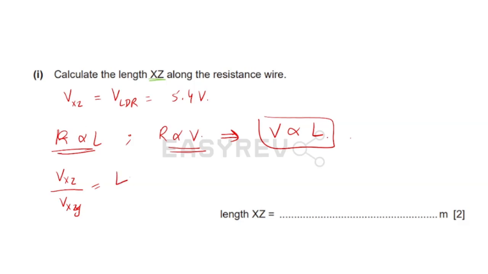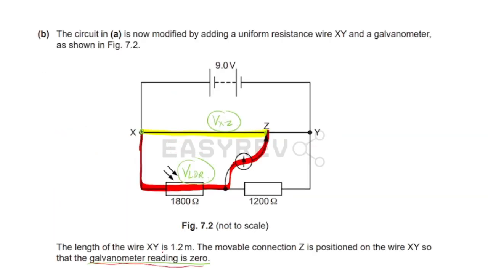That is equal to the length across xz, which is our unknown, divided by the total length xy. Now you might be wondering, why are we interested in the total length? Because not only are we given the total length of 1.2 meters, but we know that for this kind of parallel circuit, the 9 volts is distributed equally across xy above and xy below, right?